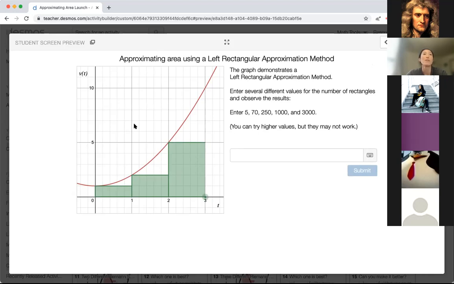How many rectangles do we have right now? This is not a trick question. We have 3 rectangles. Now, do they have the same base or the same height?